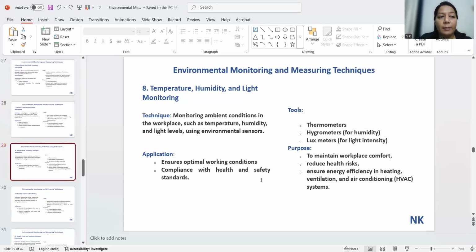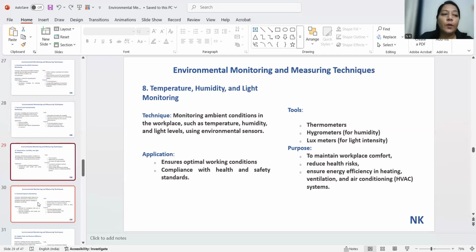In the tools part, we use a thermometer, a hygrometer for humidity, and a lux meter for light intensity, and many others also. The purpose is to maintain workplace comfort, reduce health risk, and ensure energy efficiency in heating, ventilation, and air conditioning systems.